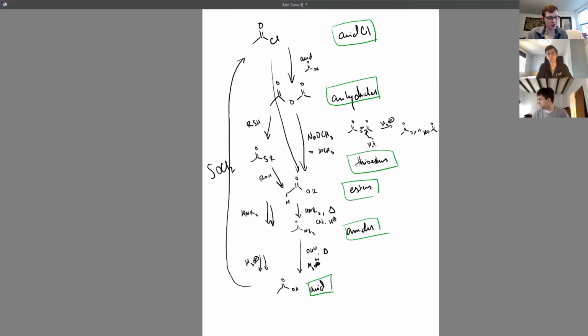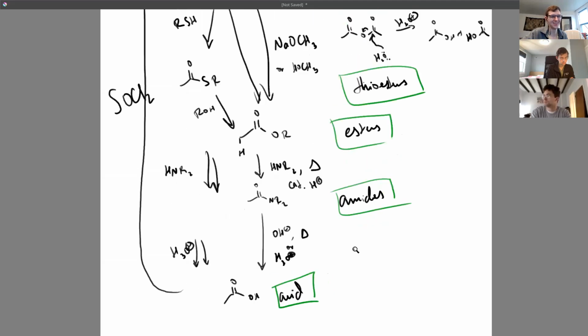I personally never found it that helpful during this chapter of the course to remember each of the mechanisms as if they were their own thing, because they're kind of all the same mechanism. You're just using a different nucleophile to attack onto the carbonyl, but otherwise they're mostly the same mechanism. So that's good, because that means there's fewer things for you to learn. So that's quite nice.